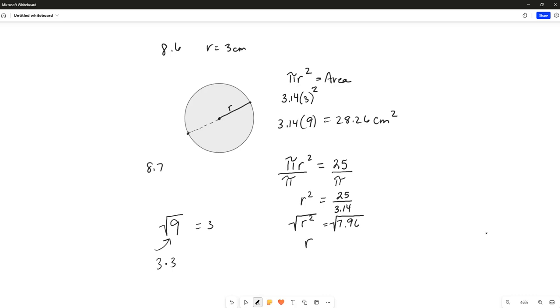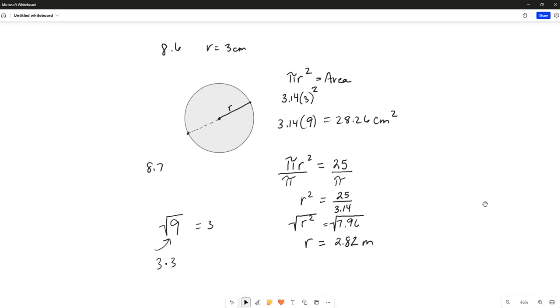That leaves me with r on this side. And in my calculator, I'm going to hit the square root button. And I'm going to get 2.82 because I'm rounding to 2 decimal places. So the radius of a circle that has an area of 25 meters is going to be 2.82 meters.